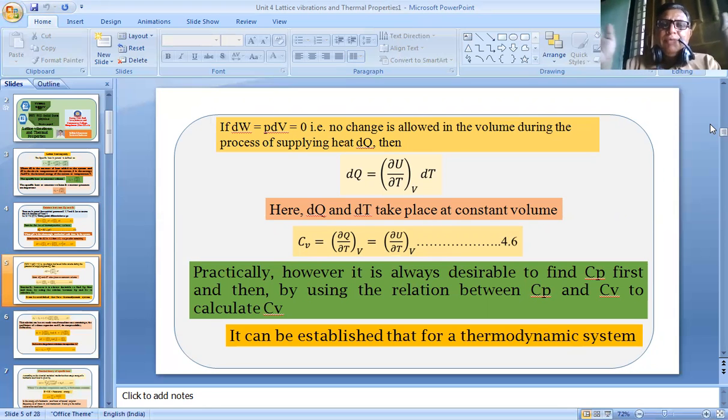So Cv is equal to (delta Q upon delta T) at constant V, which is equal to (delta U upon delta T) at constant V. This is equation number 4.4.